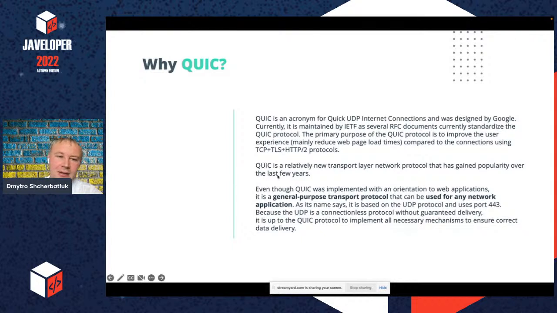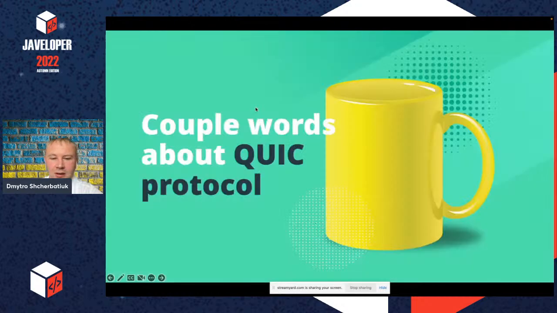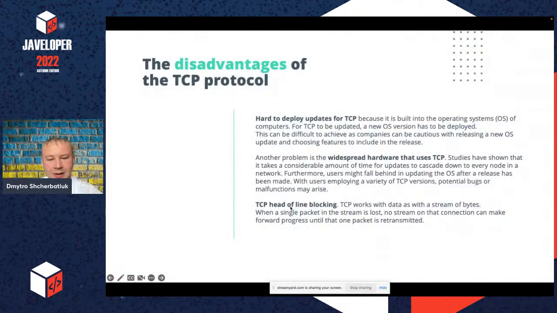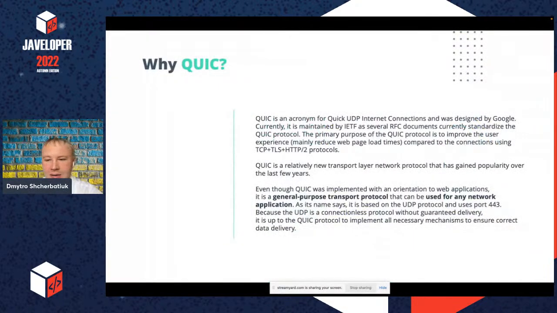So what problems does QUIC solve? QUIC solves the problem of TCP head-of-line blocking, deploying major updates, and so on. QUIC is not yet released. As I remember, it has a draft specification, but Google products work on this protocol, like YouTube or Google Chrome, and so on.